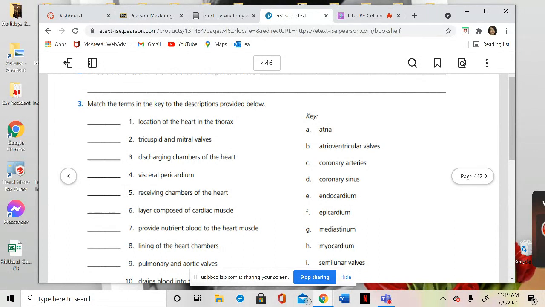A receiving chamber of the heart, that's the atria. Layer composed of cardiac muscle is the muscle of the heart, it's the myocardium.